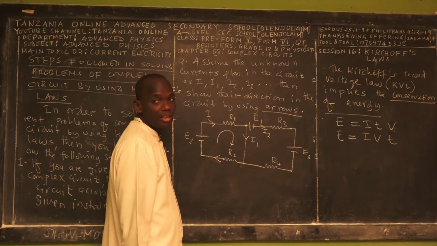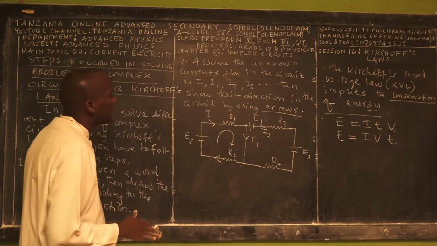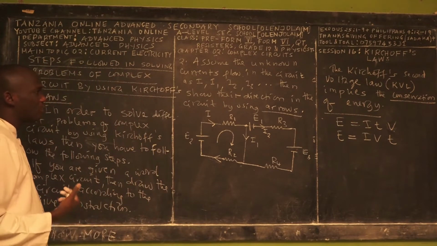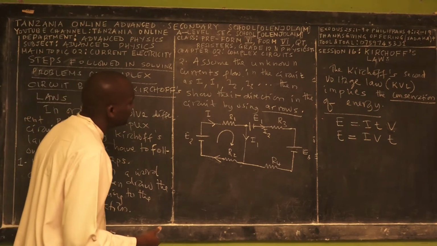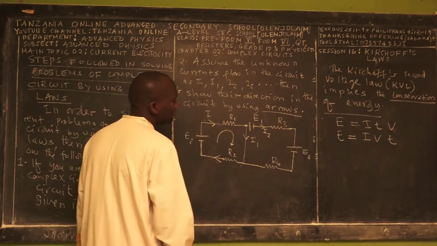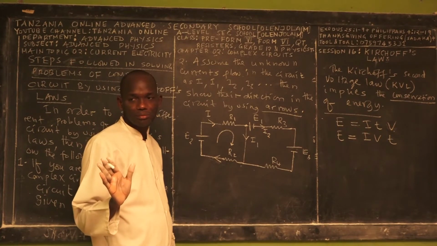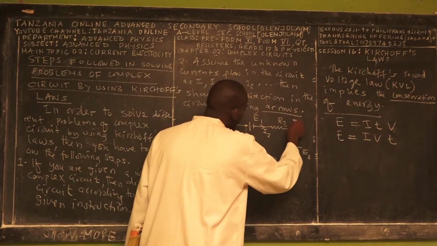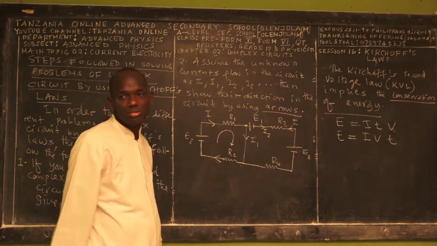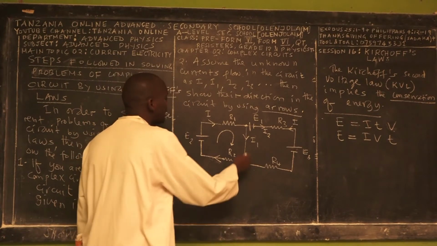Are we together? So the main thing: I assume the unknown currents I1, I2, and next I show the direction. You may choose your own assumptions. You can say, for example, that I is flowing from this part to this part, and here this is I2, this is I1.